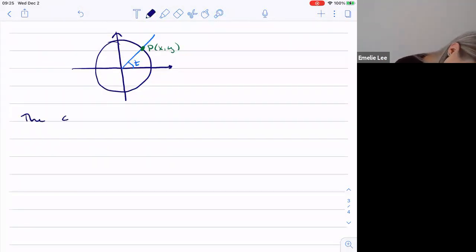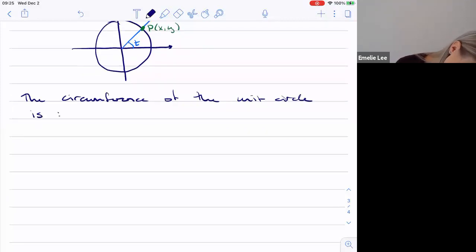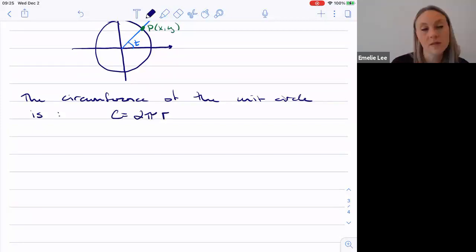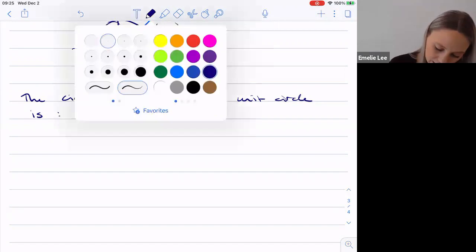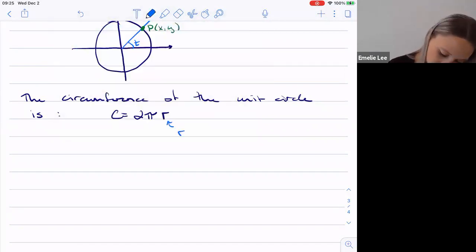The circumference of the unit circle is C equals 2 pi r, in general, but again, we use the fact that here r is 1. So 1 lap around is going to be 2 pi times 1, which is 2 pi.